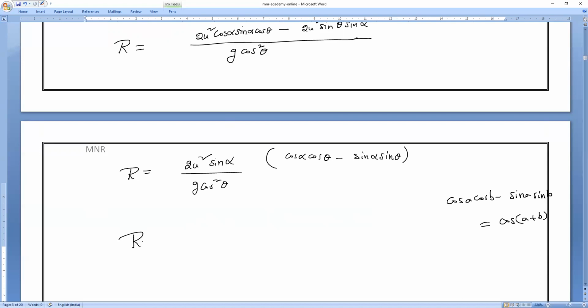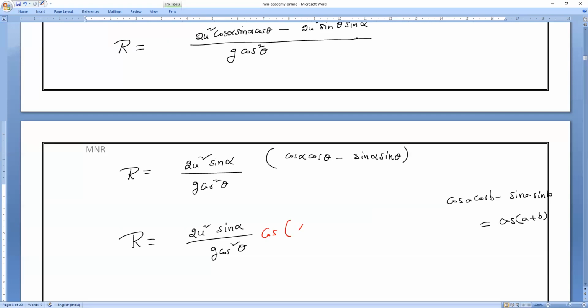R, the range, is equal to 2u square sin alpha divided by g cos square theta. Here what will happen? No bracket also, directly it will come. What can I write, everybody?